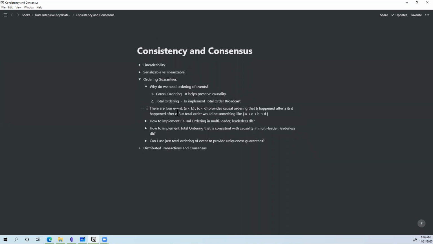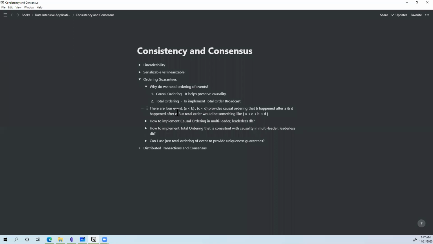One very common scenario is causal ordering. Causal ordering of the events preserves causality. That means we would want to order our system in such a way that the cause always comes before the effect. If we have two events in the system, one was the question and another was the answer to that question, the events should be ordered in such a way that the question always comes before the answer.